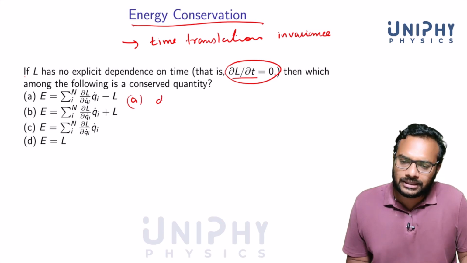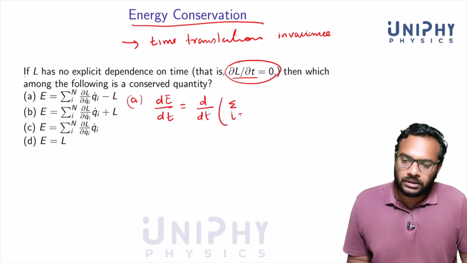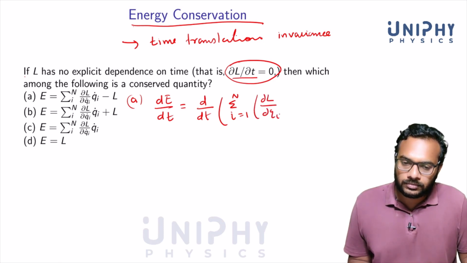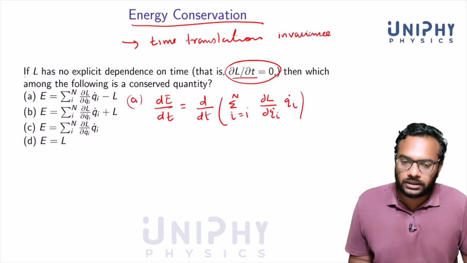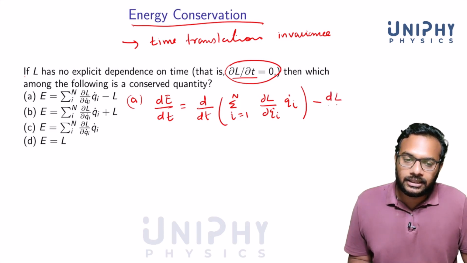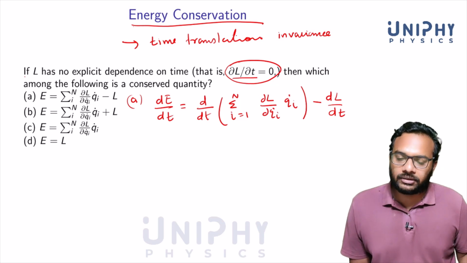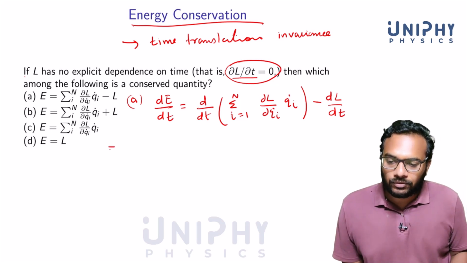We can check dE by dt for the first quantity, and we'll get d by dt of the summation from 1 to n, and here we have qi dot, minus dL by dt. You just distribute this derivative inside. And what do we see here?